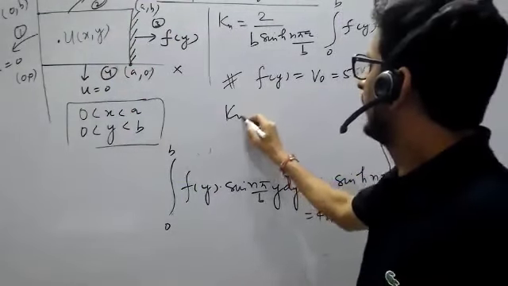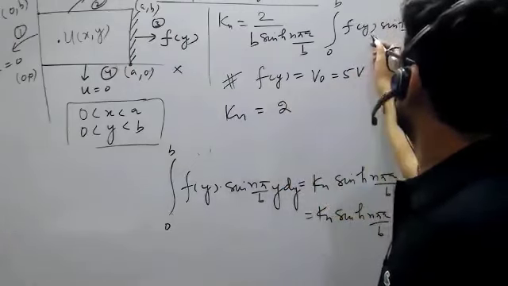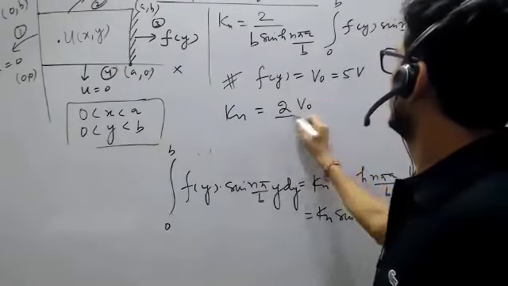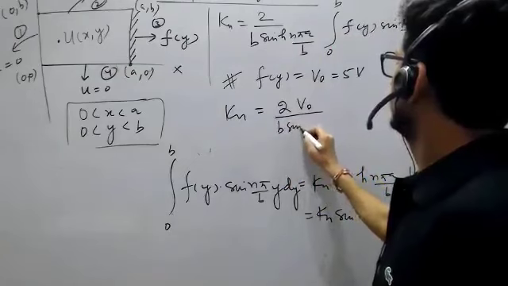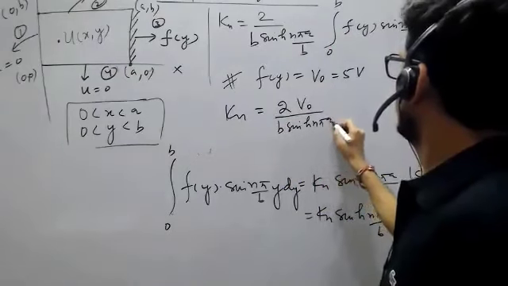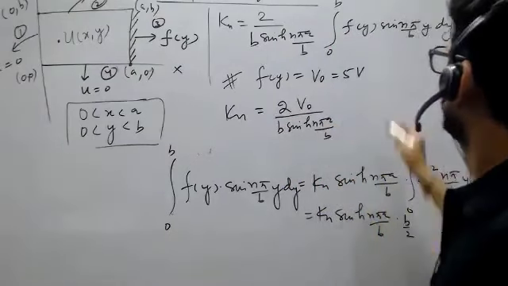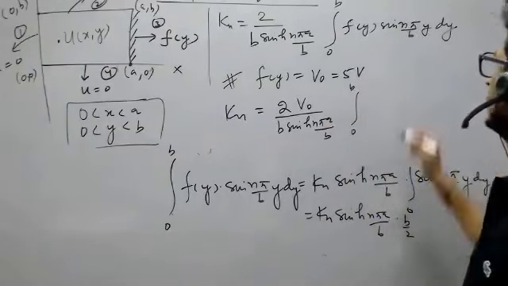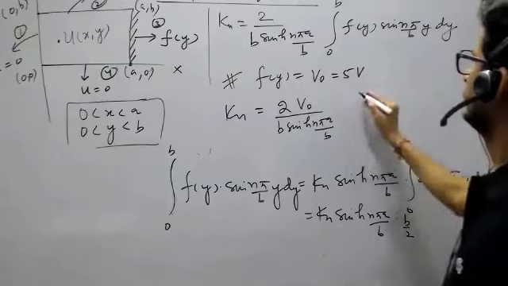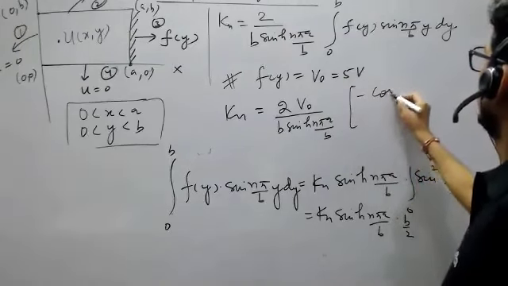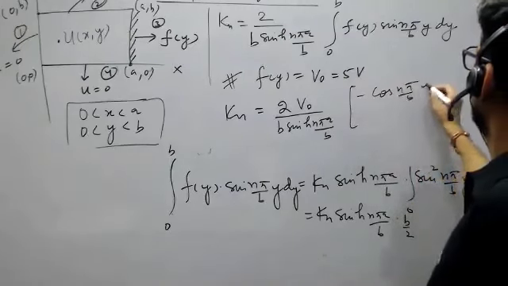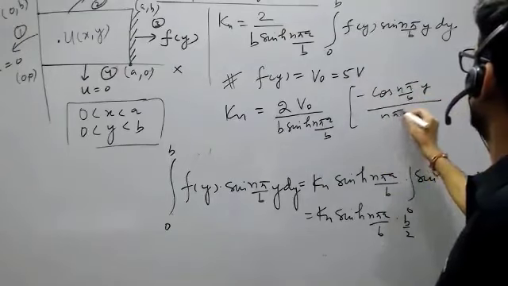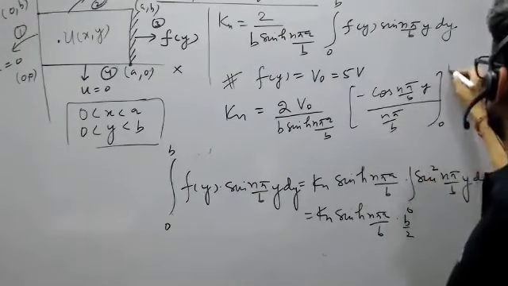That value of Kn will be 2 times V naught will come outside, b sine hyperbolic n pi a by b, integral 0 to b sine, what it will become, minus cos n pi y by b over n pi by b, from 0 to b.